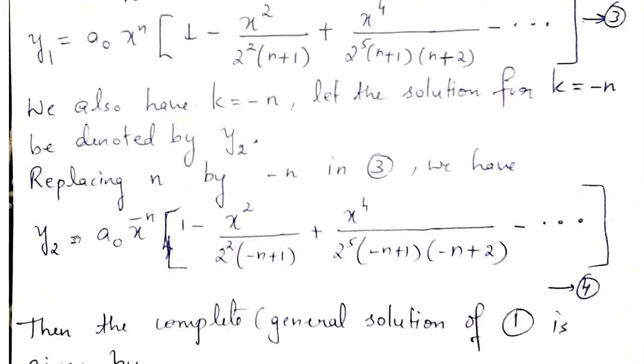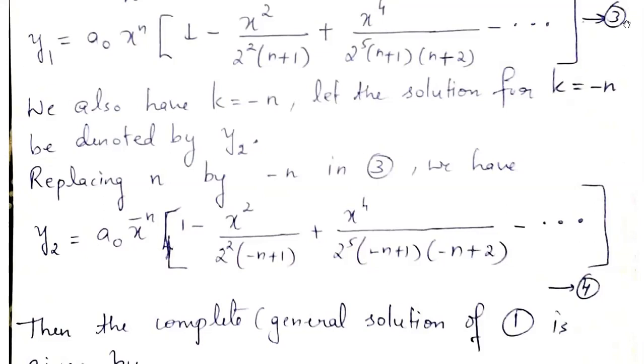So y2 is equal to a naught into x power minus n, 1 minus x square by 2 square into minus n plus 1 plus x power 4 divided by 2 power 5 into minus n plus 1 into minus n plus 2, and so on.